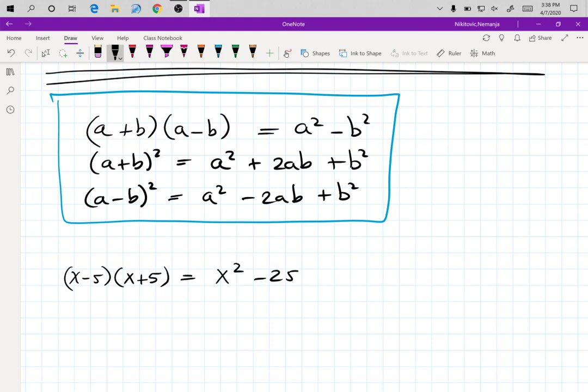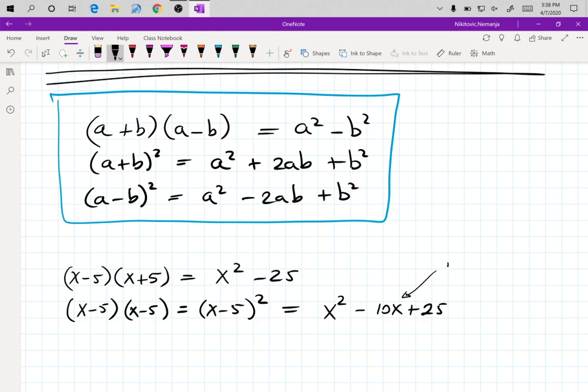Done. Now if I have x minus 5 times x minus 5, then this is x minus 5 squared. And that has, in this case, because of the minus, the third formula here. And we have x squared minus 10x plus 25.